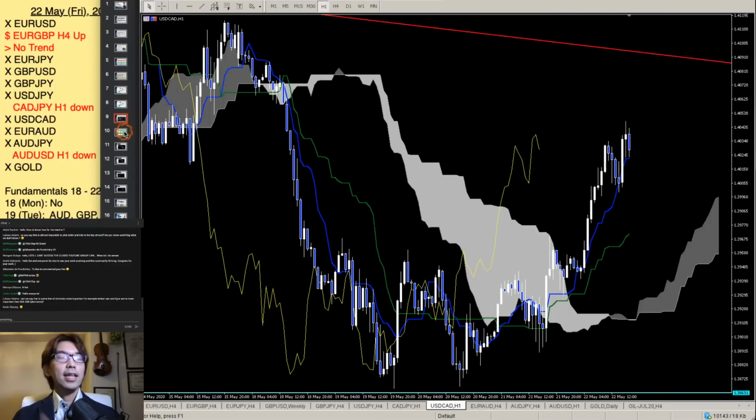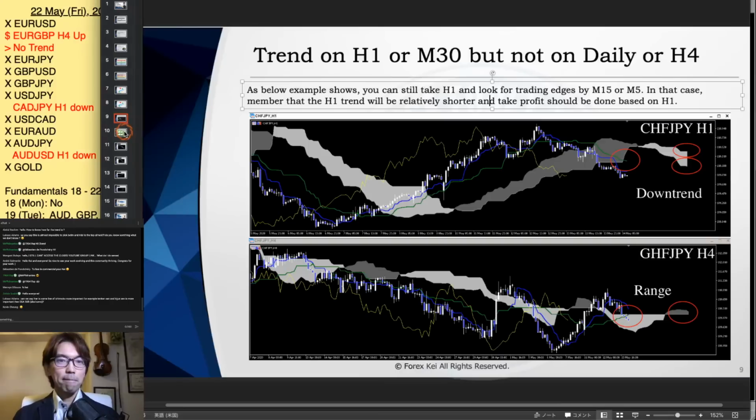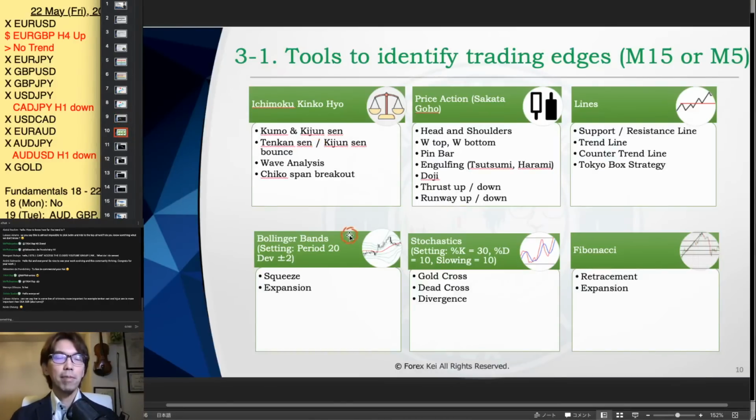So the next slide, page 10, introduces my tools, lines and indicators that I usually use to capture exactly trading edges. On these strategies or tools, I will talk about them in my future lives too.